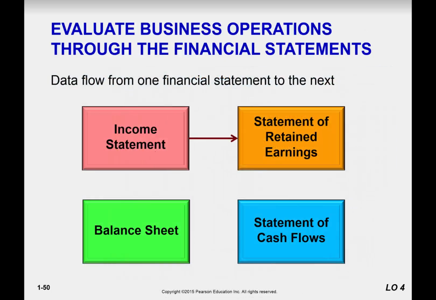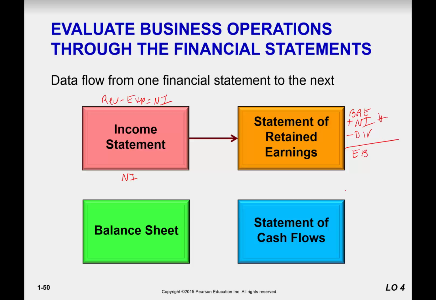So here we go. We have our income statement, and recall we have net income that flows from our income statement to our statement of retained earnings, where our formula is revenue minus expenses equals net income. So we have that beginning retained earnings. We add the net income and subtract the dividends to get our ending balance in retained earnings.